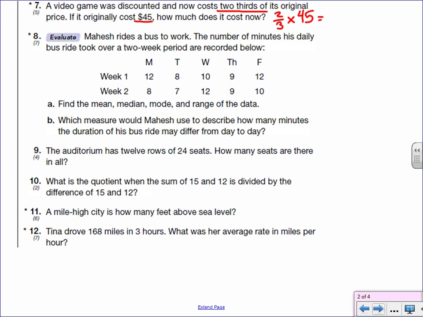When I multiply by a fraction, I multiply by the numerator. So 45 times 2, and then divide by the denominator. 45 times 2 is 90, divided by 3 is 30. So it now costs $30.